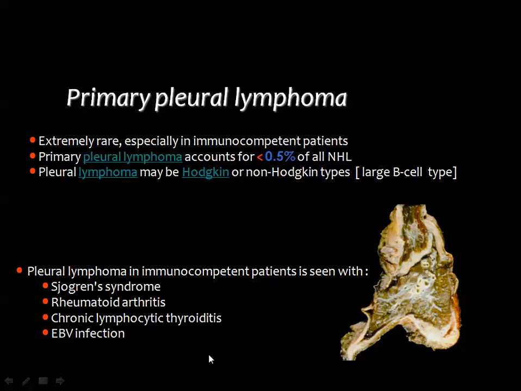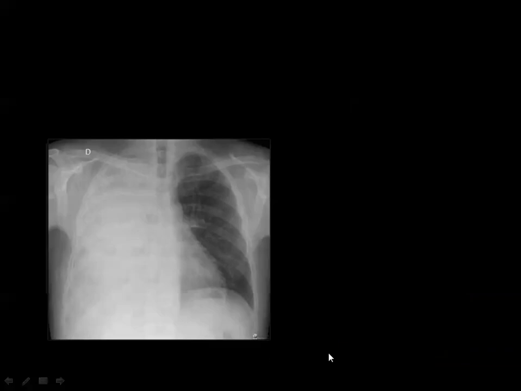And then in this chest X-ray, you see complete opacification of the right hemithorax with obliteration of the costophrenic angle, possibly due to massive pleural effusion with underlying lung collapse, as the mediastinum is almost central with no contralateral shift.